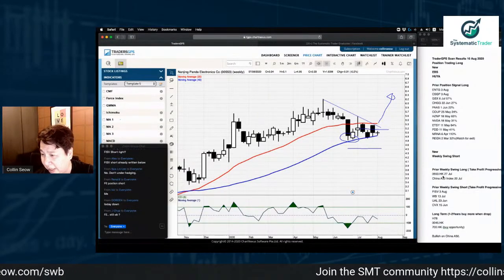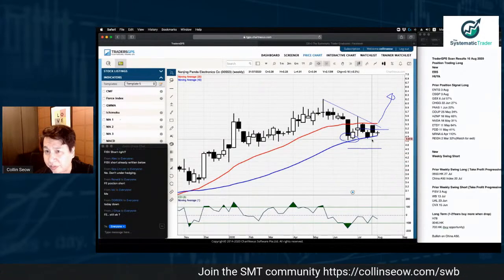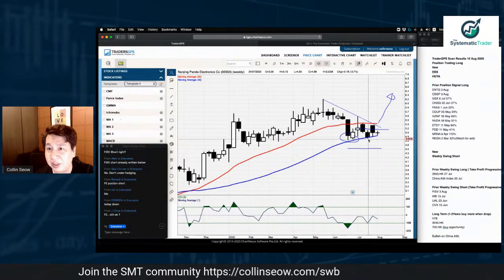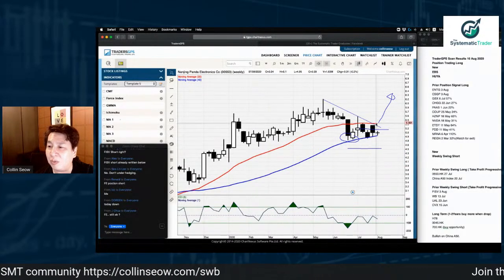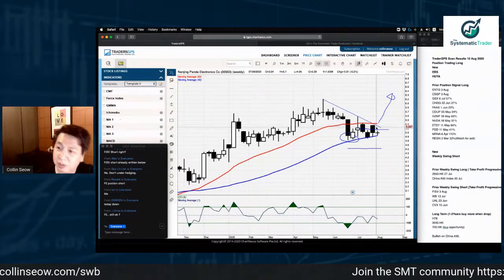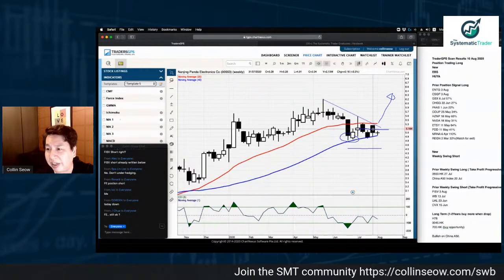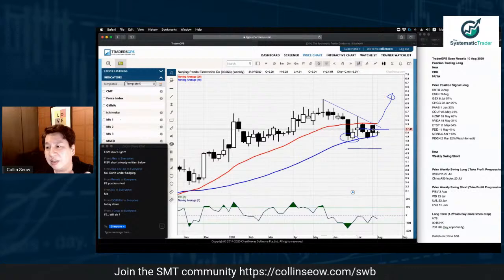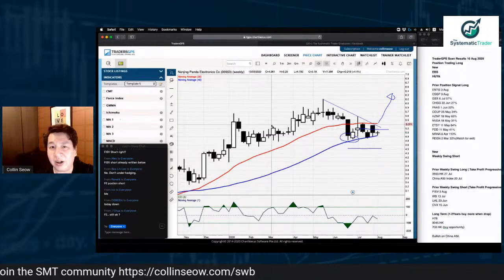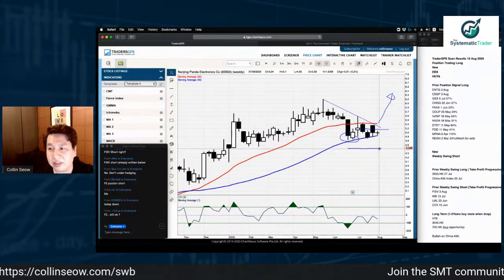We entered on 27 July, around this candle, 2 weeks ago. It triggered already, and we're hanging on. Nothing much we need to do. Basically, hang on to the trade right now.